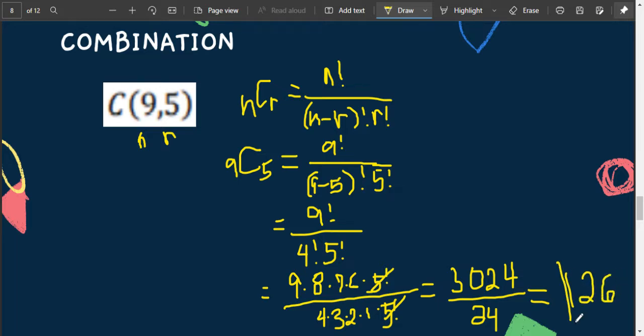So, ang value ng 9C5 or combination of 9 objects taken 5 at a time is 126. Okay? 126.